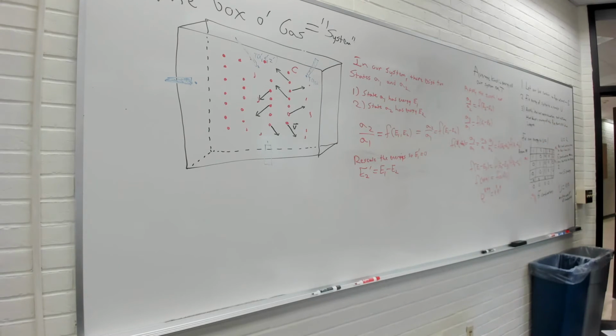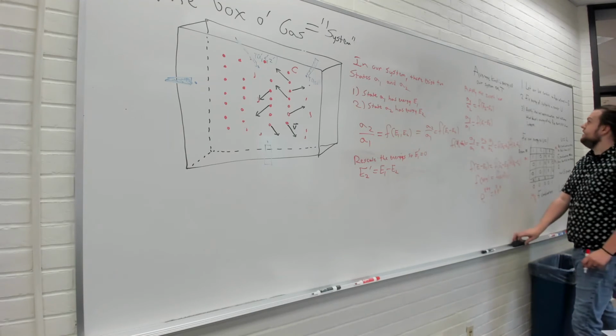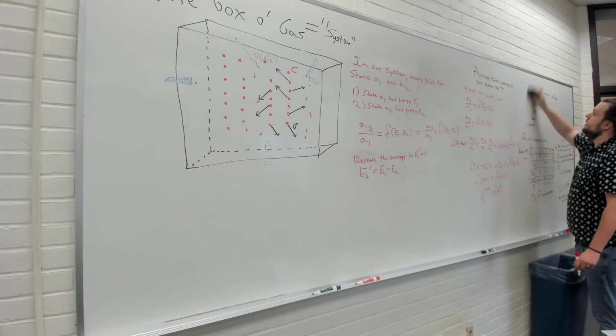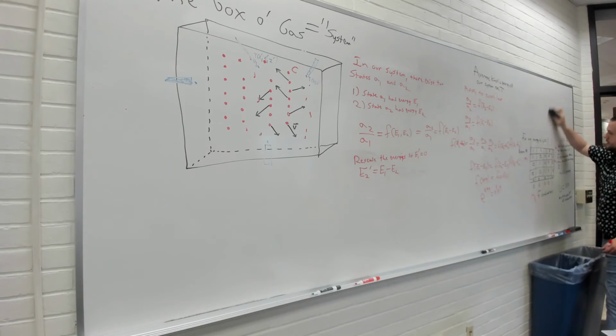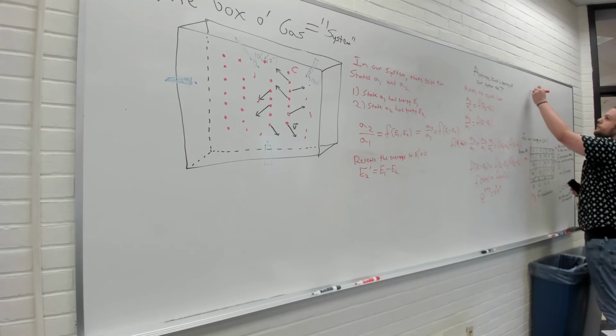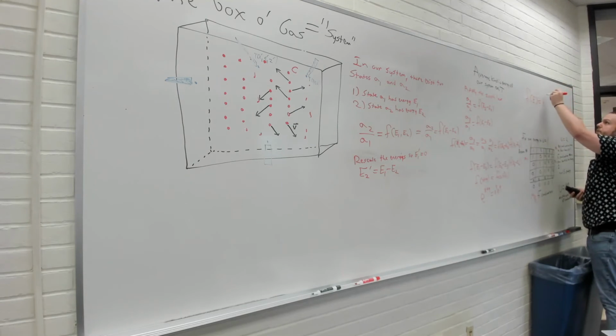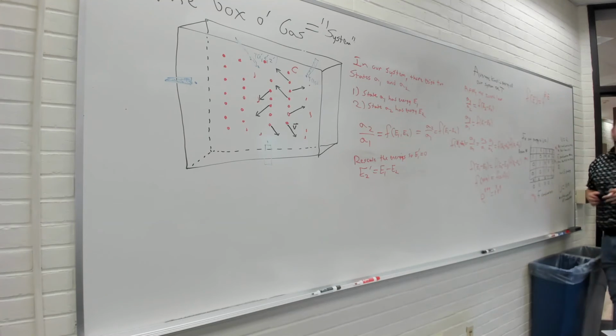It's an exponent. So what that means is that the function must be e to some number, I'll call it beta, times E. Beta is some number, some proportionality constant.